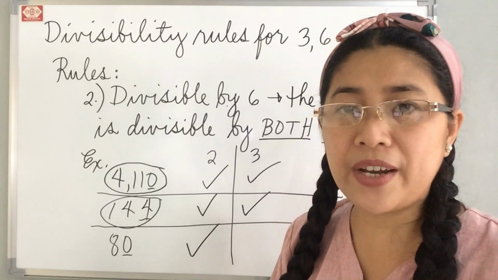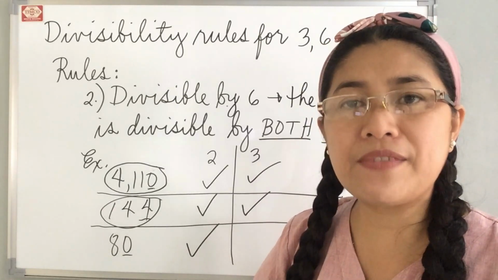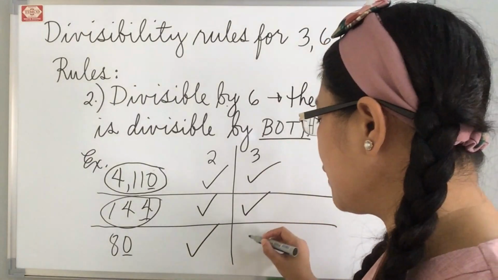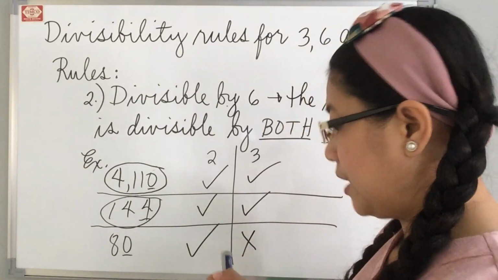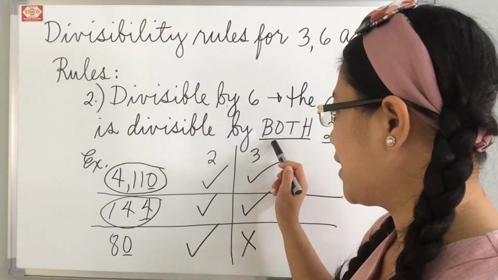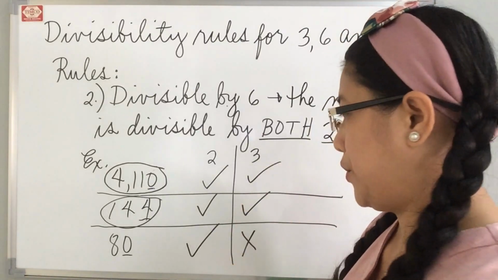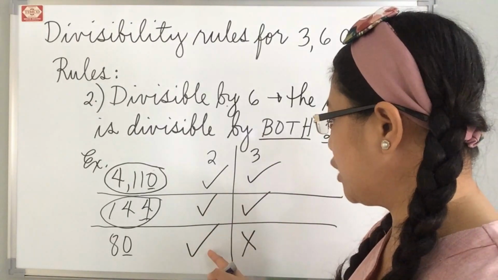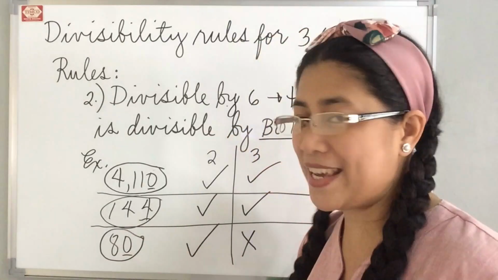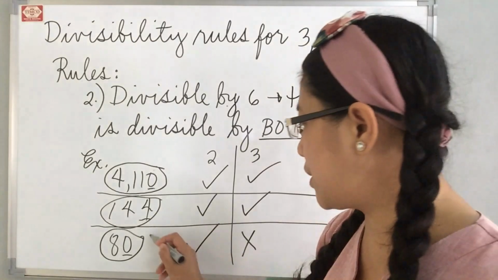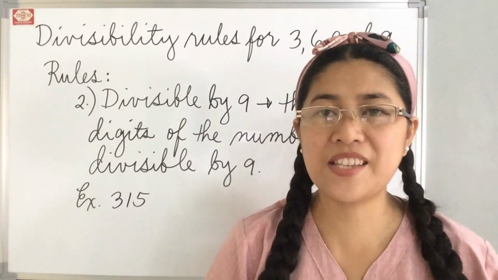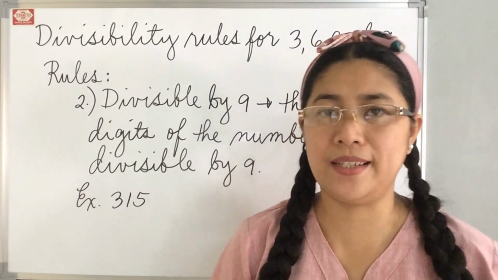No. If we divide 8 by 3, it will give us a quotient with remainder. So therefore, it's not divisible by 3. Did we meet our rule here? No. So it is only divisible by 2 and not by 3. So therefore, this number 80 is not divisible by 6.